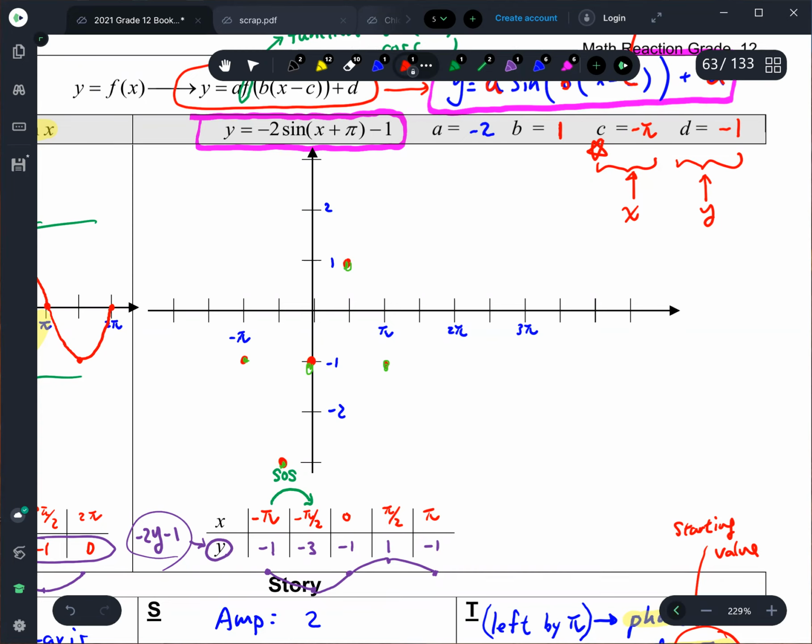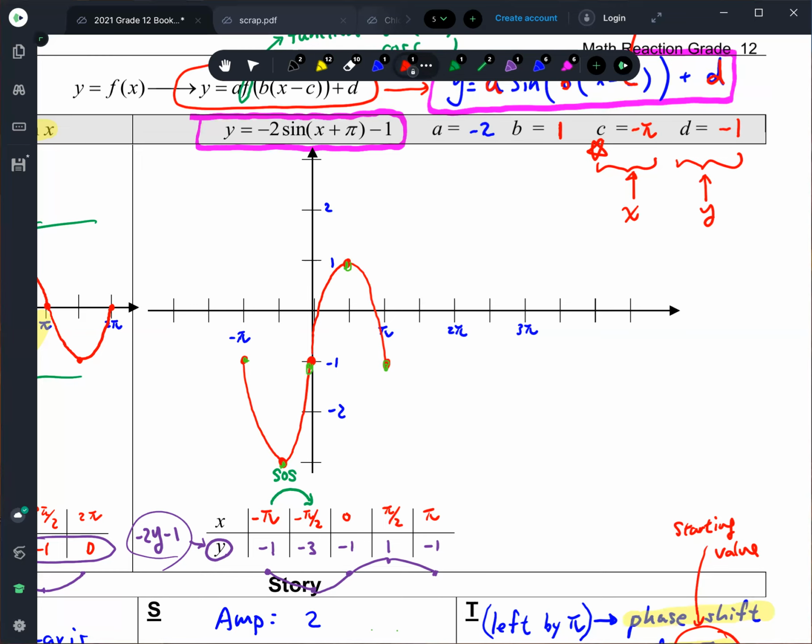Yeah, okay, very good. I'll connect them. Make sure the way you connect has to be curved, all right? So this part is open up, and then you have to show that it's open down. Okay, so that's your graph.